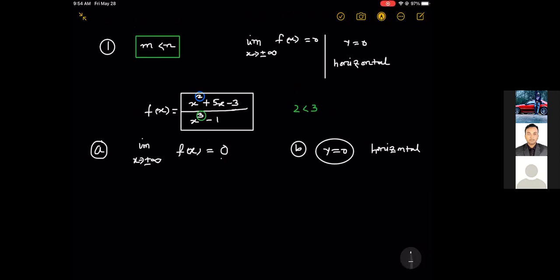Whenever you see this case, and if x is approaching infinity or negative infinity, obviously you'll have a horizontal asymptote, but it will always be y equals 0. Doesn't matter what the function is. You'll still see some horizontal asymptotes of a different format, but if this is the case, that means if m is less than n, the horizontal asymptote will always be y equals 0.